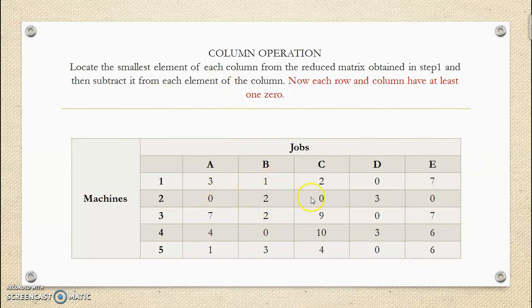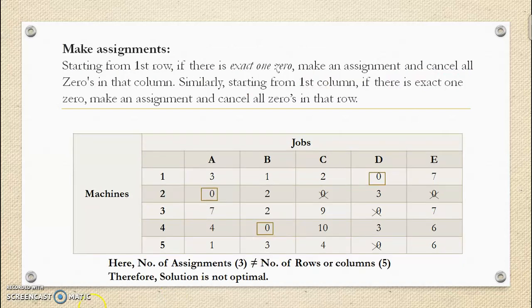Now you observe here, after row and column operation, each row and each column contains at least one zero. Once we obtain at least one zero in each row and column, then go for making assignments. That is the next step.